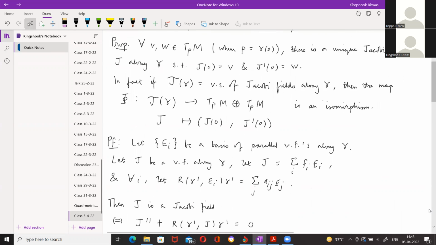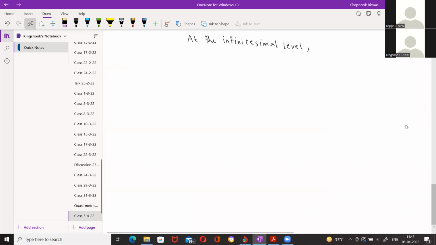Here, let me draw you the picture. You have j at the infinitesimal level. What do we have? We have j, a Jacobi field. So our parametrized surface such that all the gamma s's are geodesics gets replaced by a Jacobi field, in the sense that here's my gamma, and then I have this j along it.